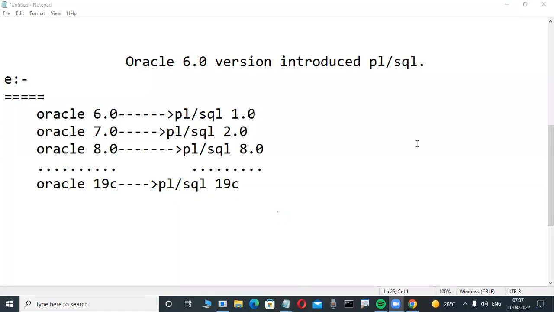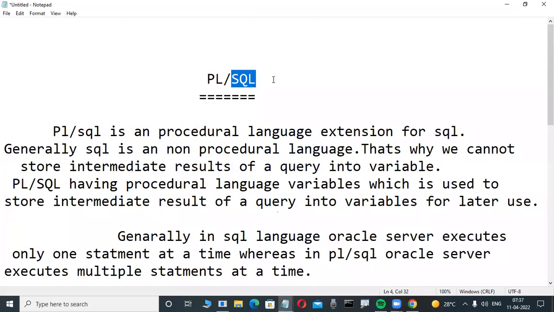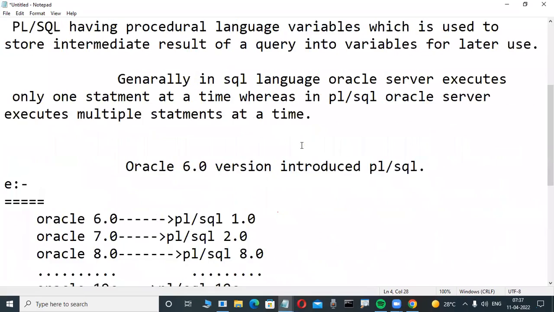Everyone says PL/SQL means nothing special. SQL is a non-procedural language; developers cannot control individual records. But with procedural language concepts embedded as an extension for SQL, we achieve so many tasks. We will learn that practically one by one.